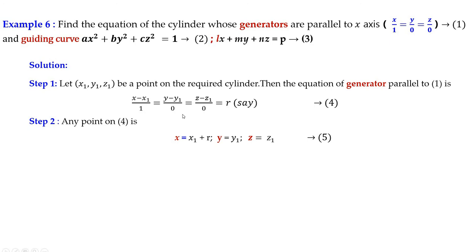Now any point on this is given by, see, whenever we have this to be just z equals 0 or z equals 3, then it was very direct that we were able to get it by considering first and third, and second and third, and then taking z equals 0 or z equals 3.